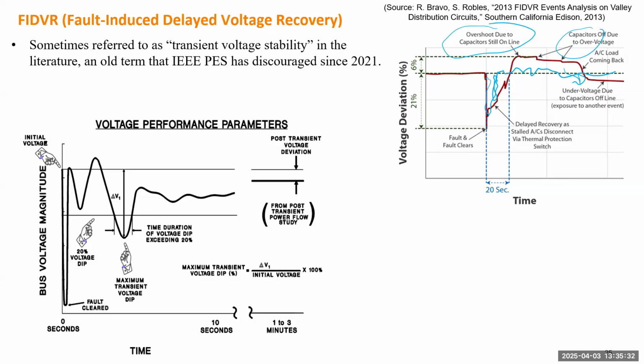The first stage is when the fault happens and is cleared: how quickly can you recover the voltage. Next we look into the oscillation of the voltage waveform to make sure it stays within an envelope. The third stage checks the steady state condition, which has an even narrower range. So there will be stage 1, stage 2, and stage 3.